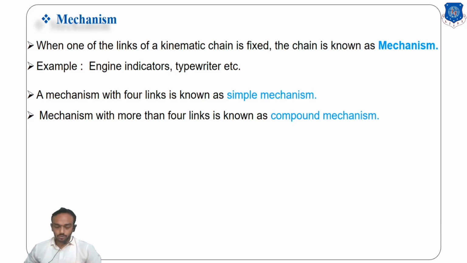Okay, so when one of the links is fixed, it is called a mechanism. In any kinematic chain, if we fix any one link, then it becomes a mechanism.